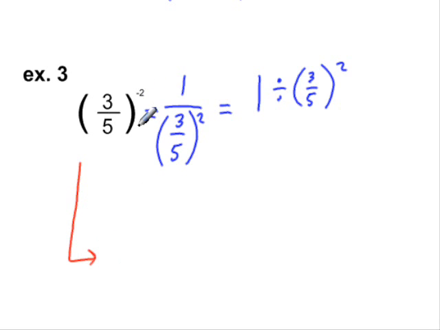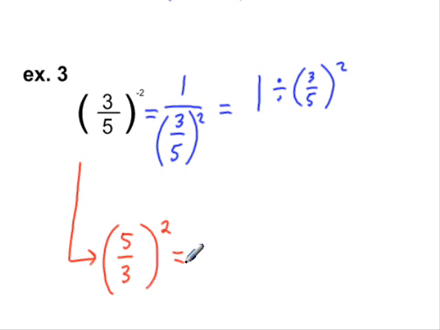because when you raise a fraction to a negative exponent, basically what it wants you to do is flip the fraction and then make it positive. And that negates having to do all this extra work over here, because this would be the keep, change, flip method, and we'd end up flipping it anyway, and that's a lot of extra work. So we'll just skip straight to flipping it and making it positive.